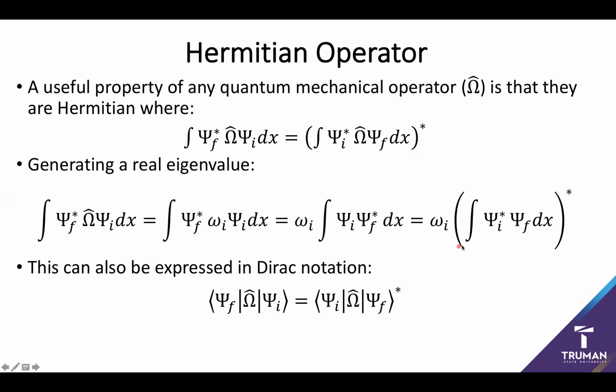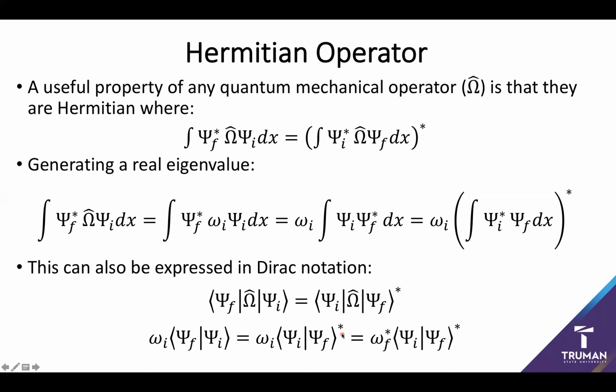And we can also represent the second step in Dirac notation. If I apply my operator, this generates a real eigenvalue of the system on the left. And by definition, I should be able to switch the order of these two wave functions as long as I flip the complex conjugate.